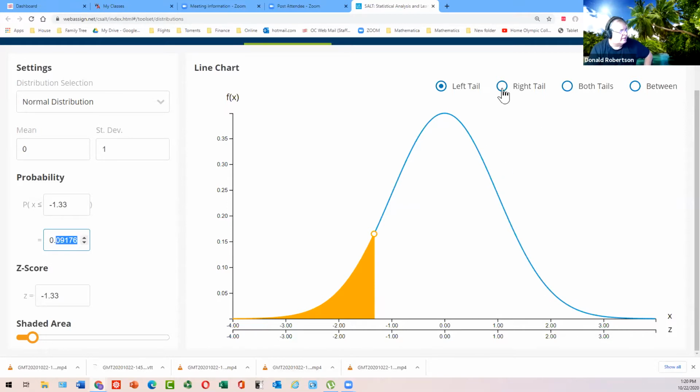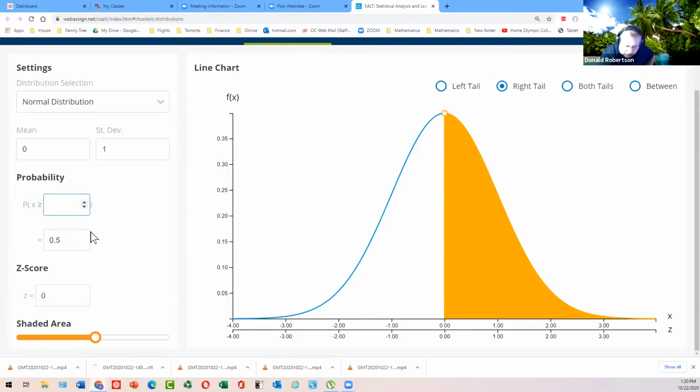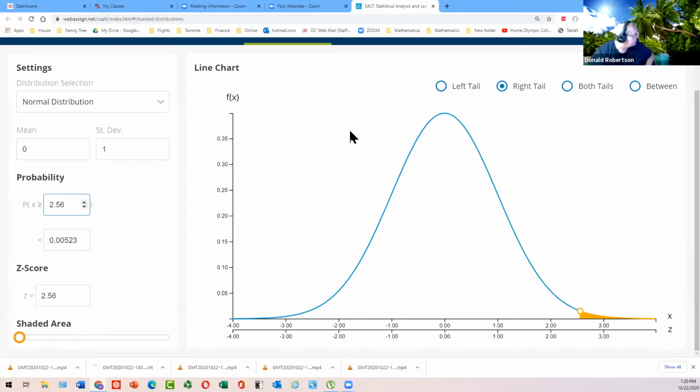Now, suppose I wanted to know to the right of that. Well, you hit the right fella. You go up here, and, well, I've actually got it. Can you see the answer? Suppose I wanted to know to the right of 2.56.